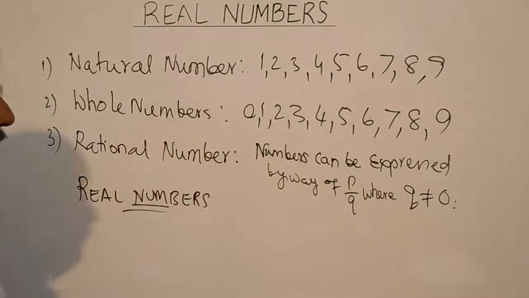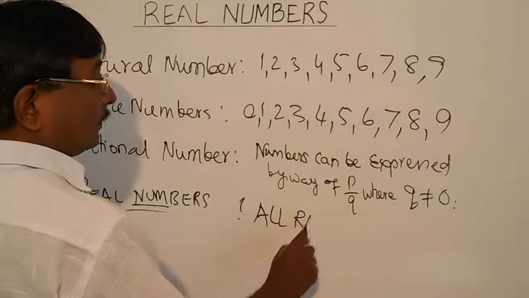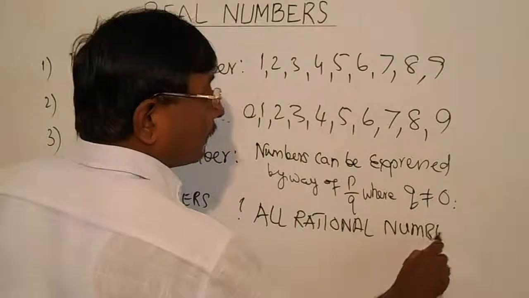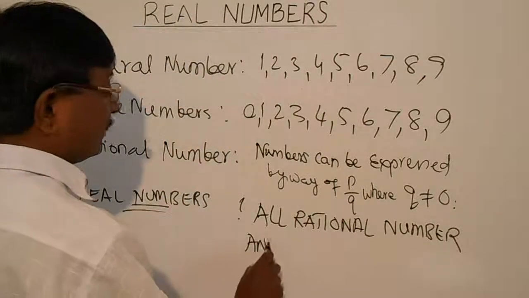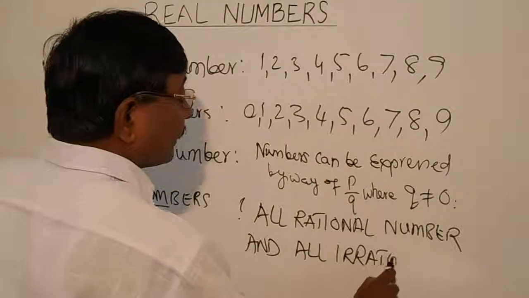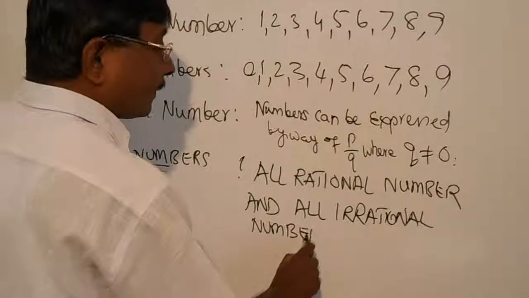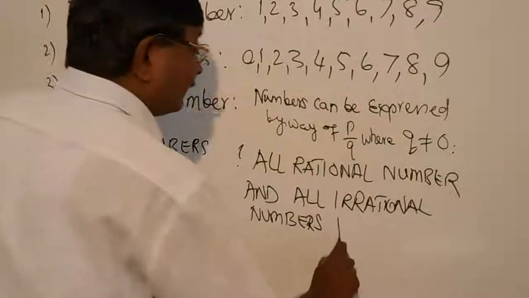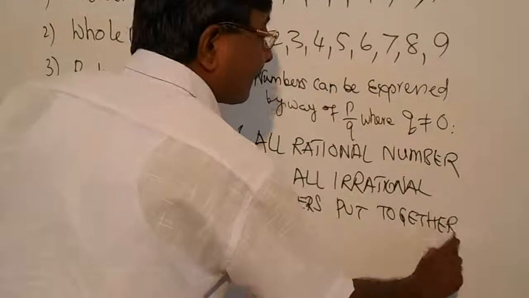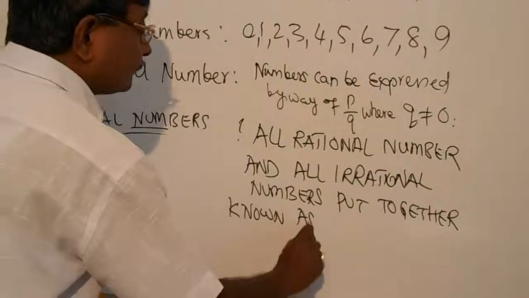Real numbers. Real numbers are all rational numbers and all irrational numbers put together, known as real numbers.